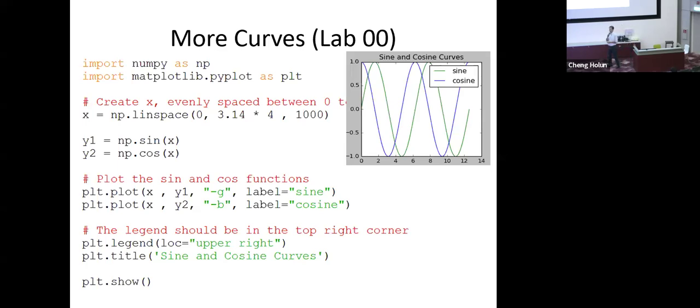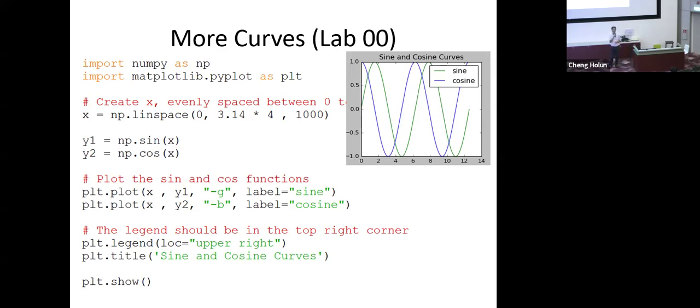Remember, I said that you only will show the graph when you do the dot show function. However, what if I want to plot more curves? So you can see that this is a linear space. I can create a y value that is the sine function. And hey, actually, do you notice that I do the NumPy sine x?